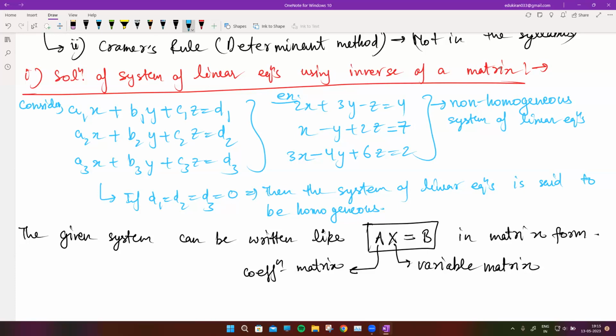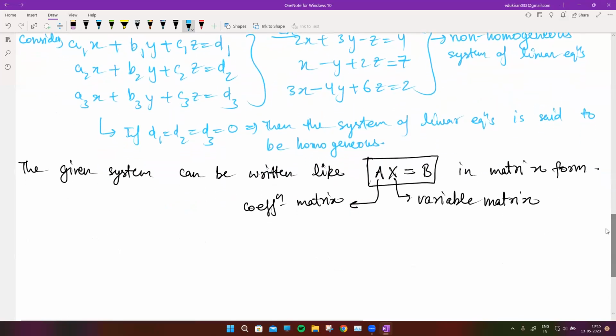Okay, I'm removing this. I'm writing it again like this. So AX equals B is the matrix form of the given system of linear equations. Now, how do we identify that? How can we write it like this? First, identify what A, X, and B are. So A is your coefficient matrix. You know there are 9 coefficients involved, right?